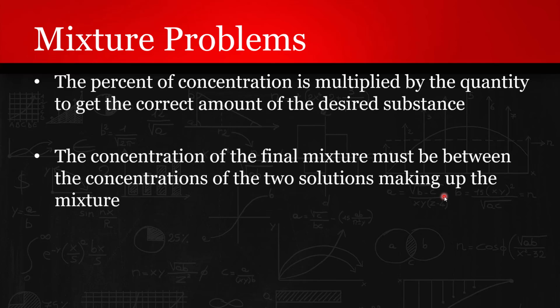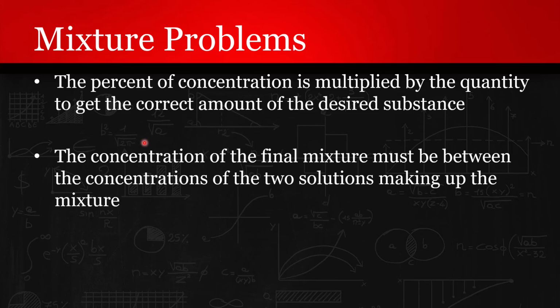And here, you need to understand that if you have the percent concentration, you can multiply that by the quantity of the entire solution, and that will give you the quantity of the desired substance.